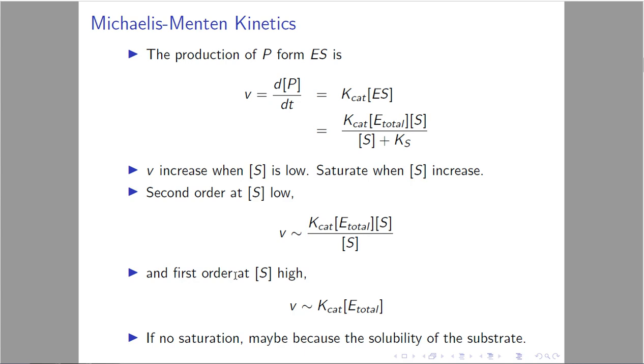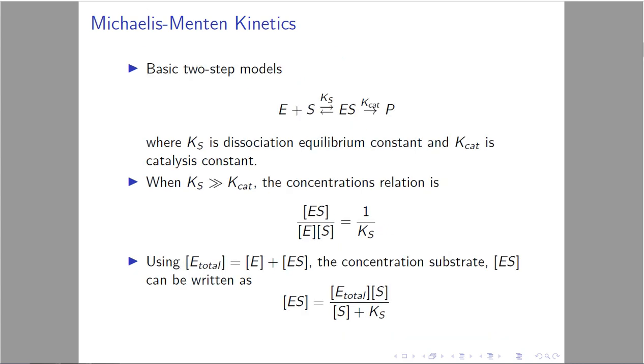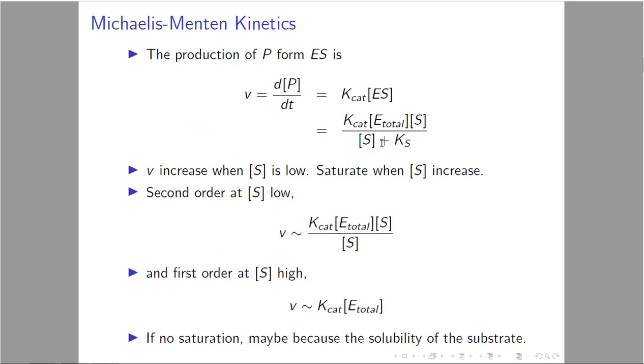When S, the concentration of substrate, is high, we can ignore this, it cancels, and we get V equal to Kcat E total. So the catalytic constant will determine the rate of production of the product.